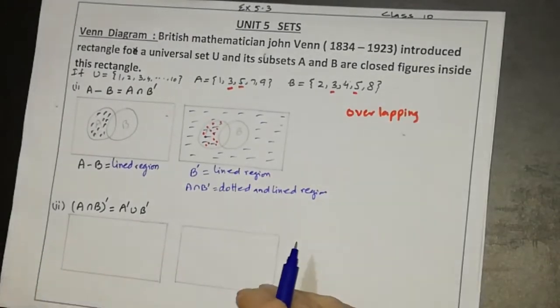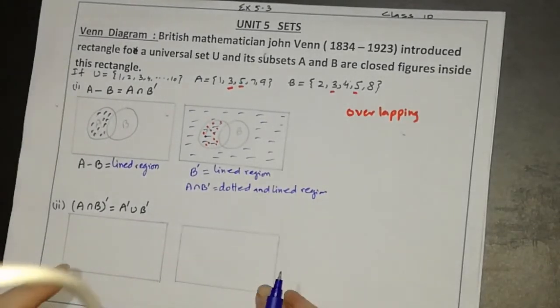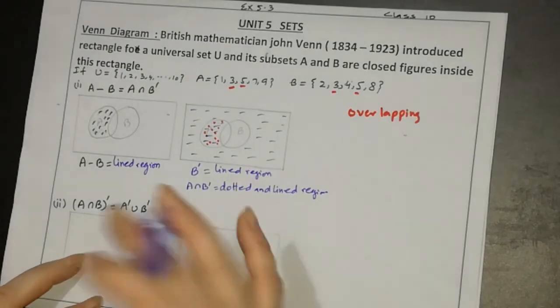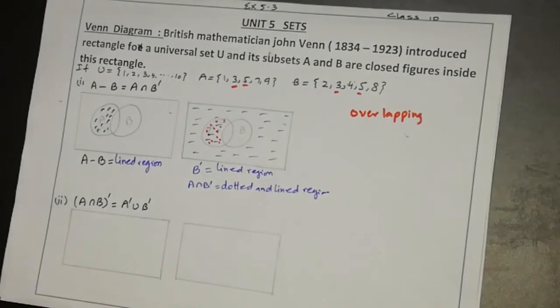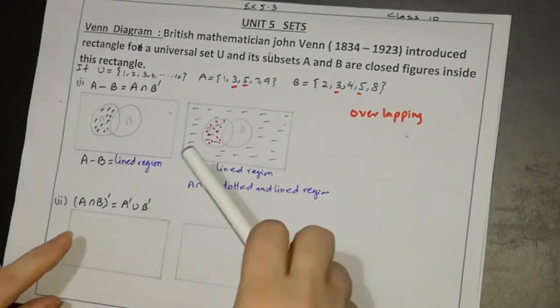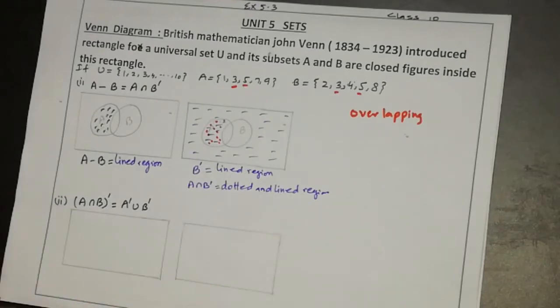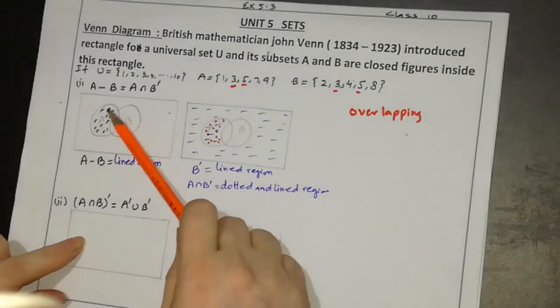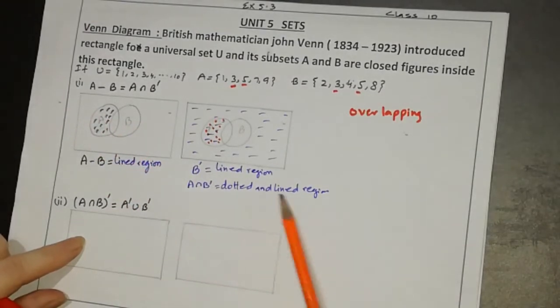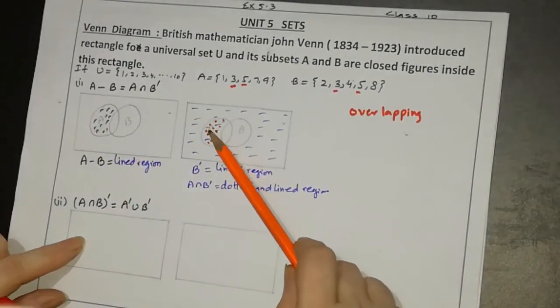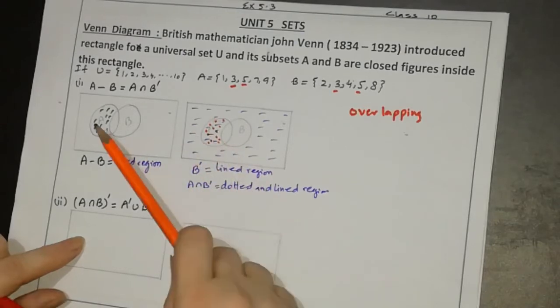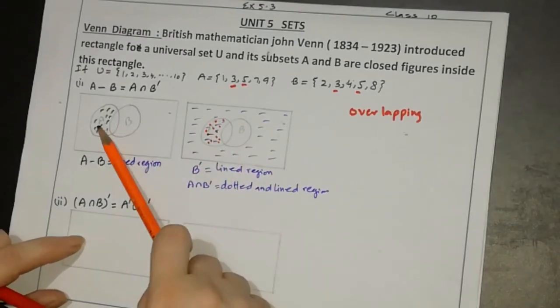Now, how will you say that A minus B is equal to A intersection B complement? Because your designing is different. So, do not look at the designs. You look at the portion. You have to compare only the portion. Now, see, what is A minus B? Only this is the portion. And the dotted and lined region, this is the portion. Look, this half of A and half of A, this is the same answer.